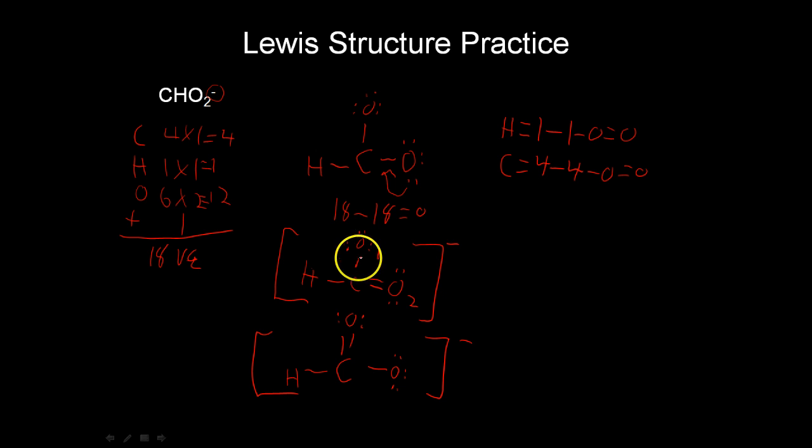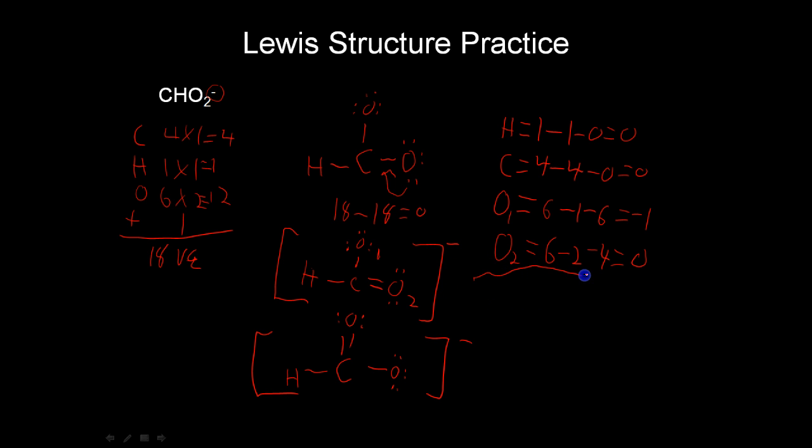Look at oxygen 1, O1. We have 6 valence electrons for oxygen, we have 1 line and 6 dots. That equals a -1 formal charge. And then oxygen 2, we have 6 valence electrons, 2 lines, and 4 dots. So that is 0 formal charge.